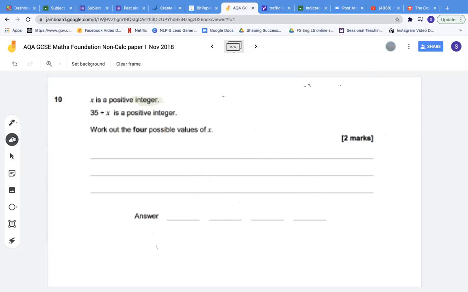All right. Now, look at this very carefully. 35 plus x. Let's write it down. 35 plus x.